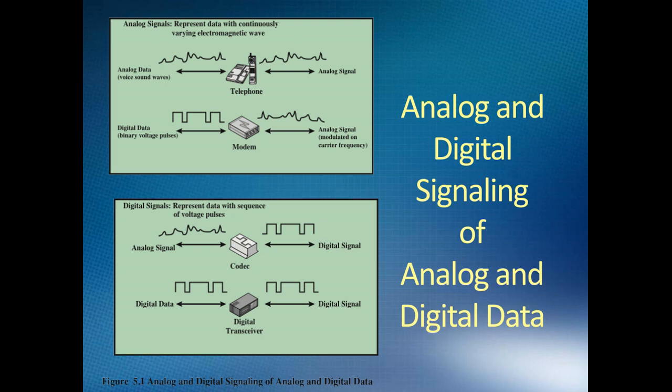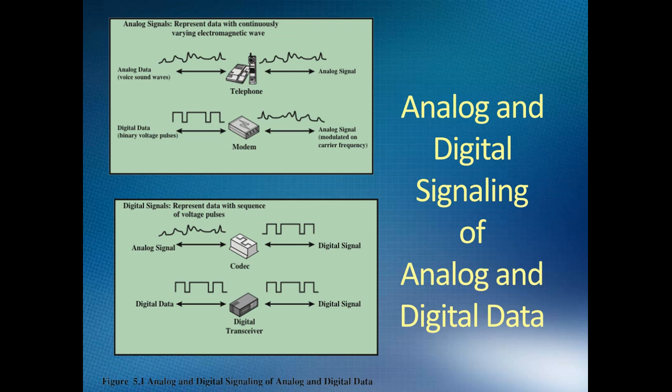Like modem, modulation, demodulation. So if I have analog signal, the codec will change it into digital signal. Why? Because my devices are digital. That's why I want to use digital signal.